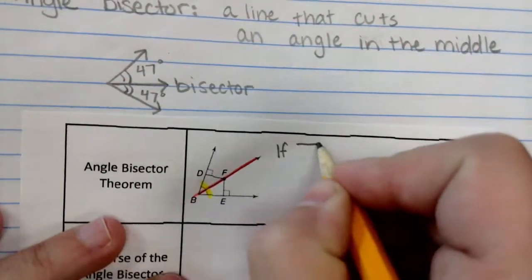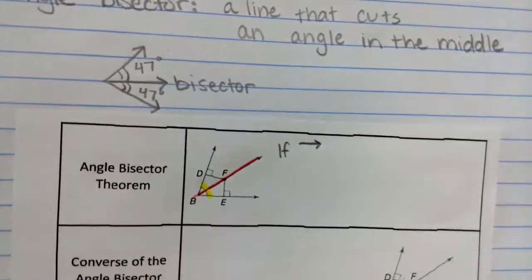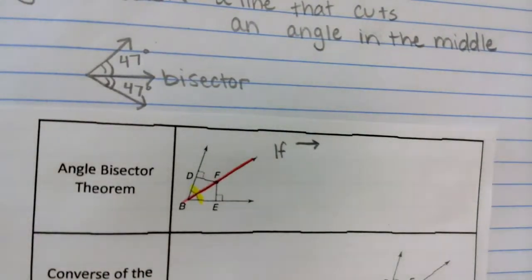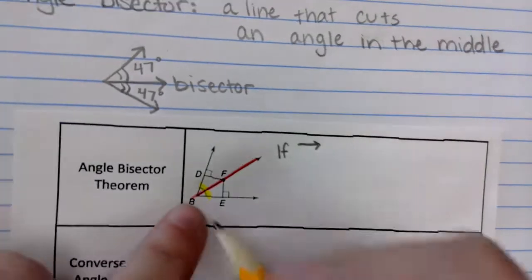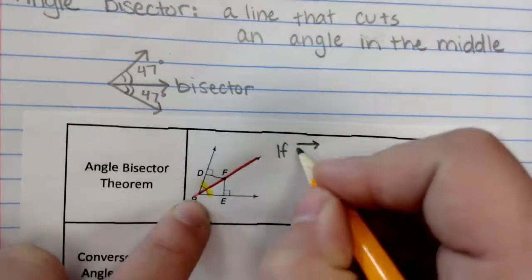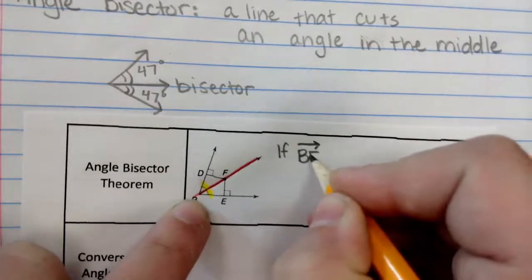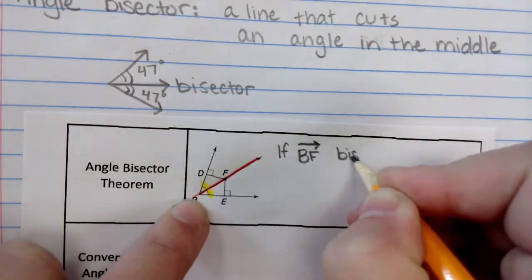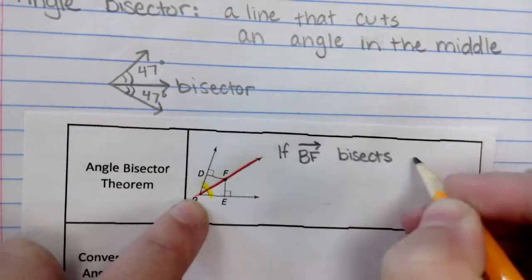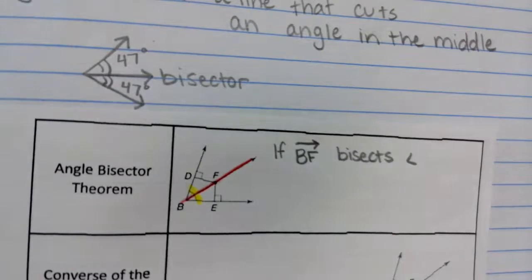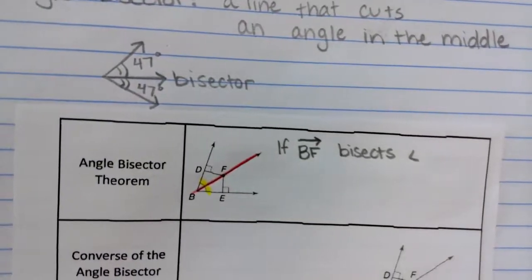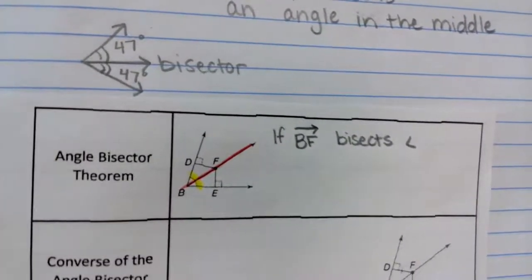Okay, so to start off with, we're going to say if segment, or ray, actually, because there's only one arrow. Now, does that ray start at B and go past F, or does it start at F and go past B? It starts at B and it goes past F. So if ray BF bisects angle, what's the big angle that BF bisects?